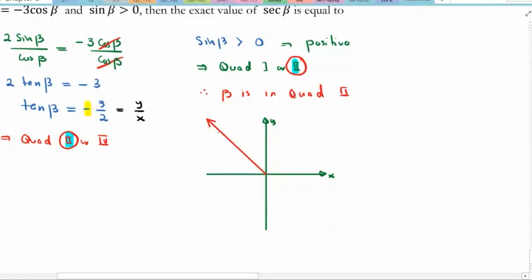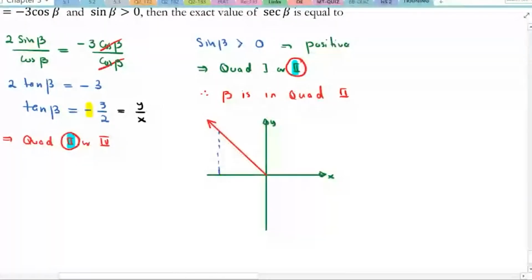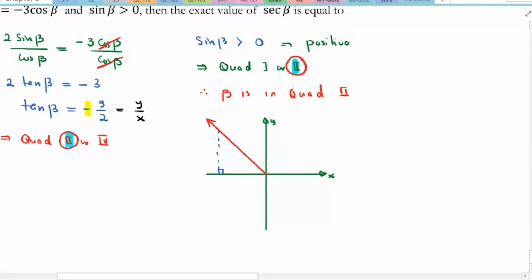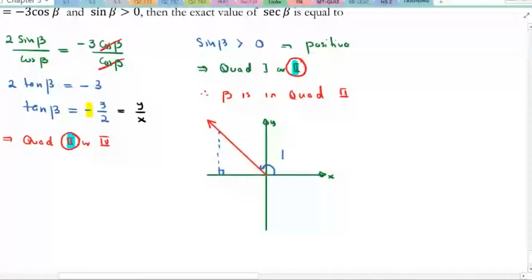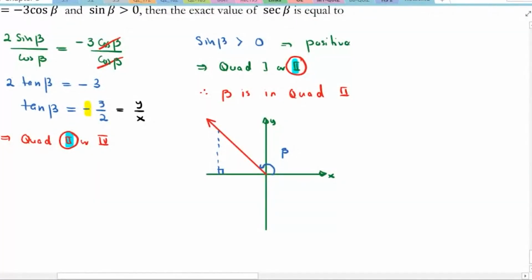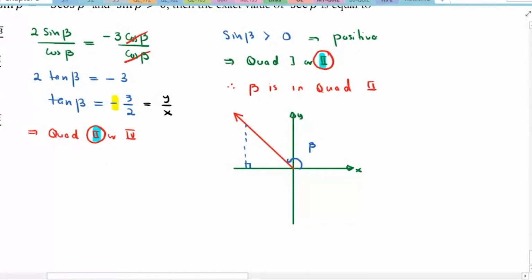So here we draw this one to meet at 90 degrees. So from here to here is going to be our beta. Now y has to be positive. So y is 3. Why is y positive? Because we are in quadrant number 2. And x is going to be negative, minus 2.